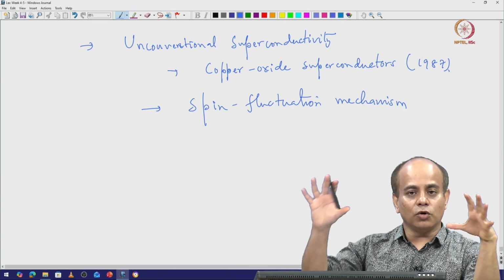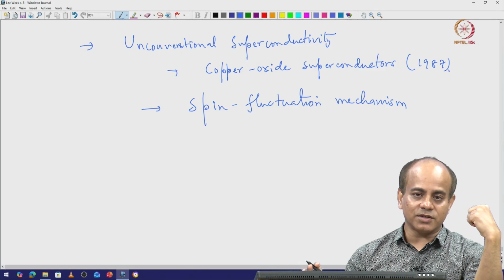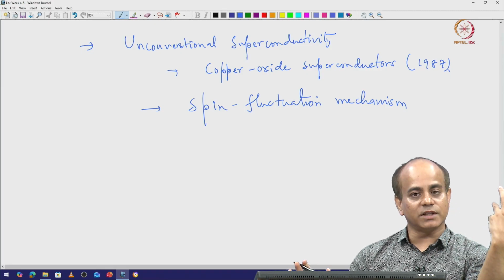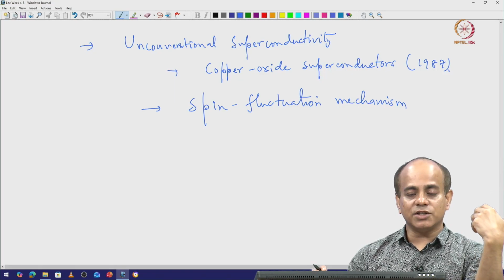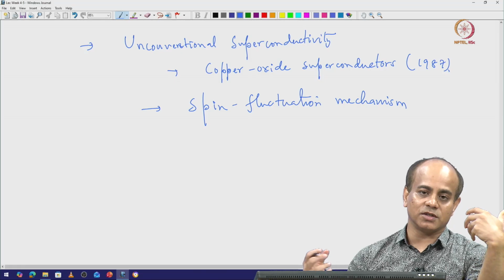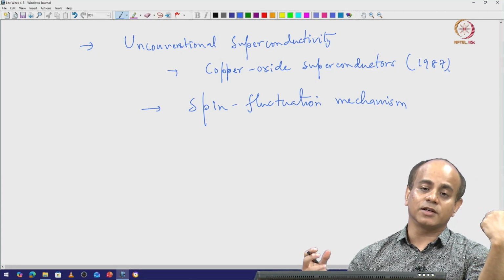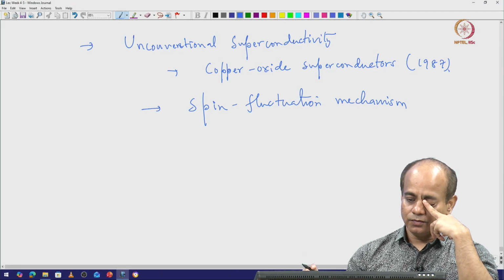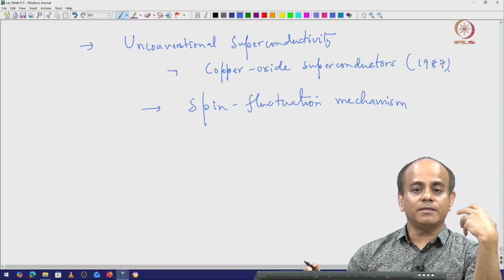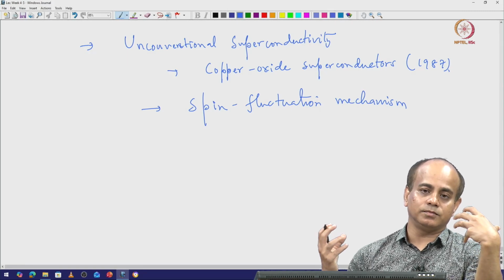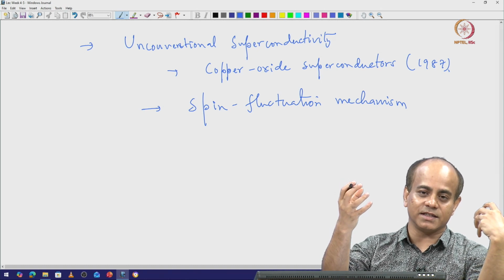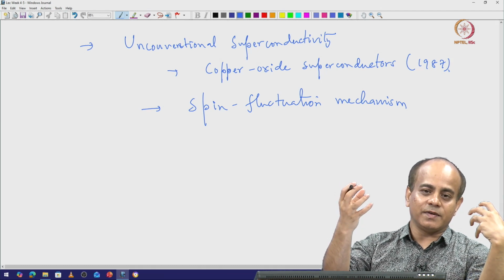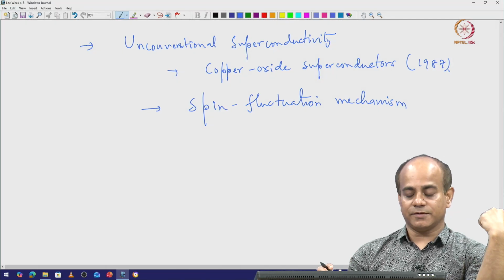It is not a global attractive interaction for all electrons with any momentum, but only those electrons which are connected to each other through a spin fluctuation or magnon or magnetic fluctuations see an effective attraction between them, or staying at different momentum at different lattice sites, they effectively form some sort of a bound state.